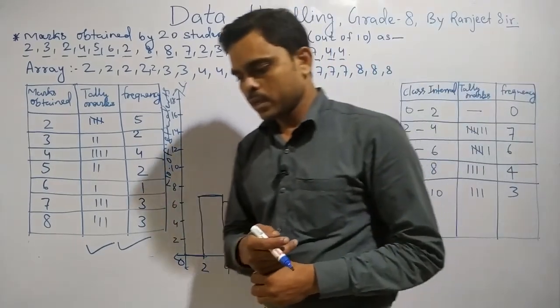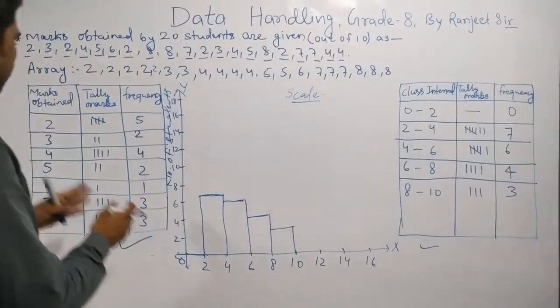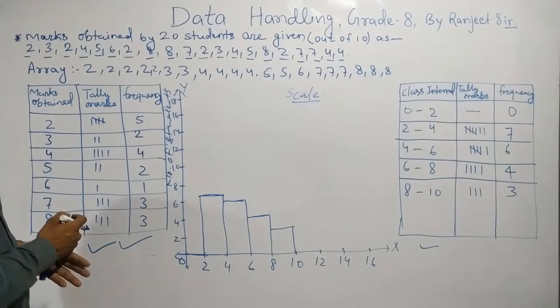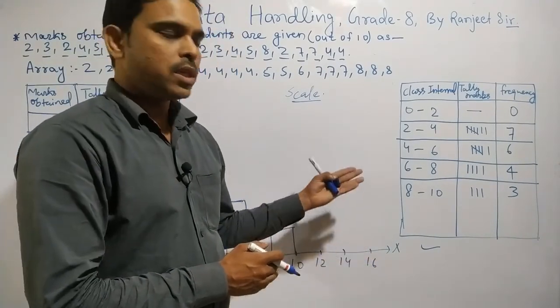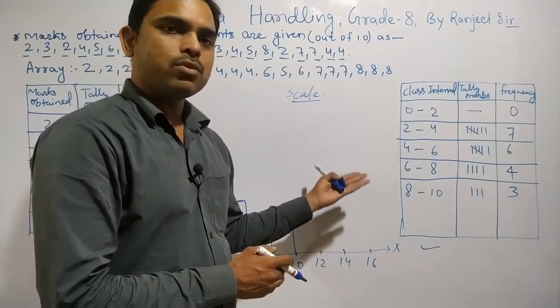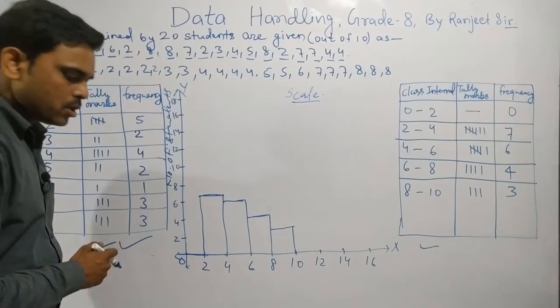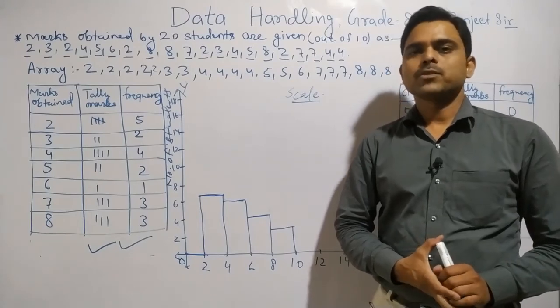I repeat once again that a bar graph shows individual data, but the grouped form of data, only that data you can represent through a histogram. So the rest everything is on you only.